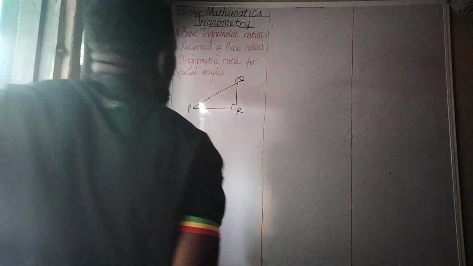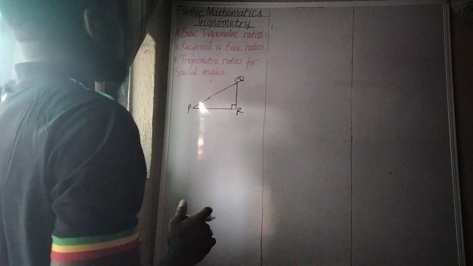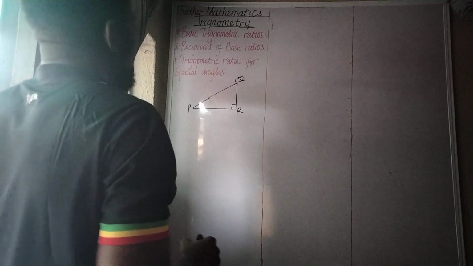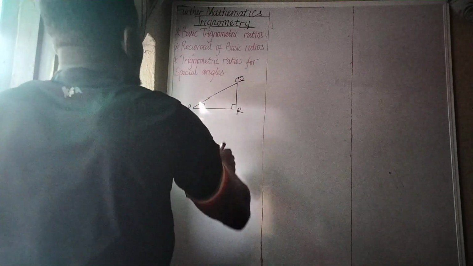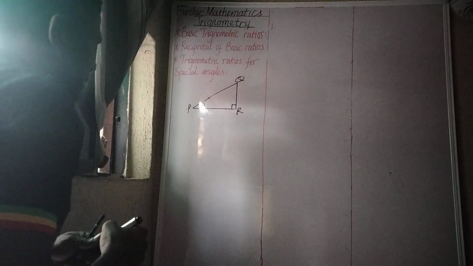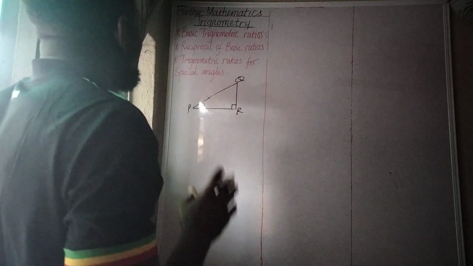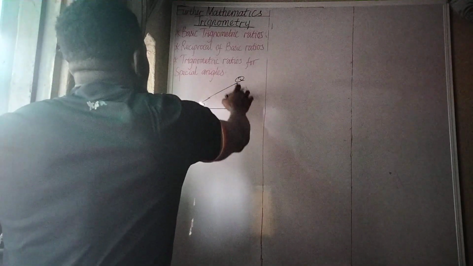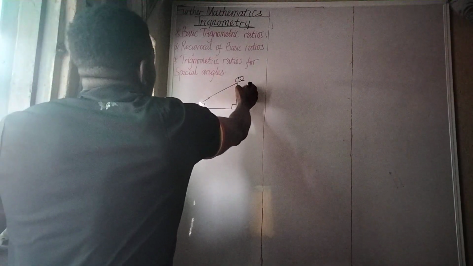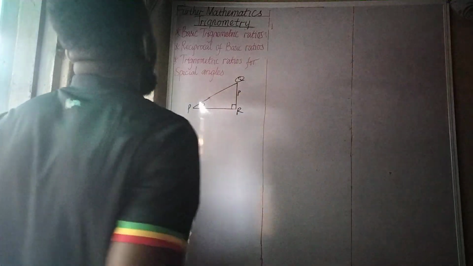QPR. In a right angle triangle, we have the longest side known as the hypotenuse. Now we are going to designate this angle theta, and this is angle 90 degrees. The side that is facing angle theta is this side, so we are going to designate it as small letter p.